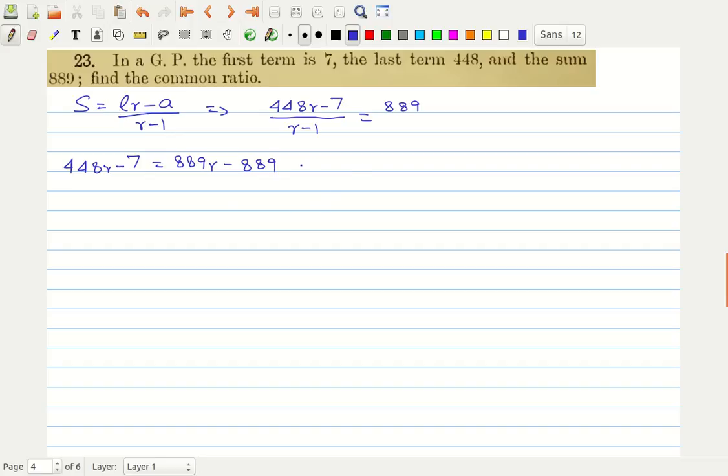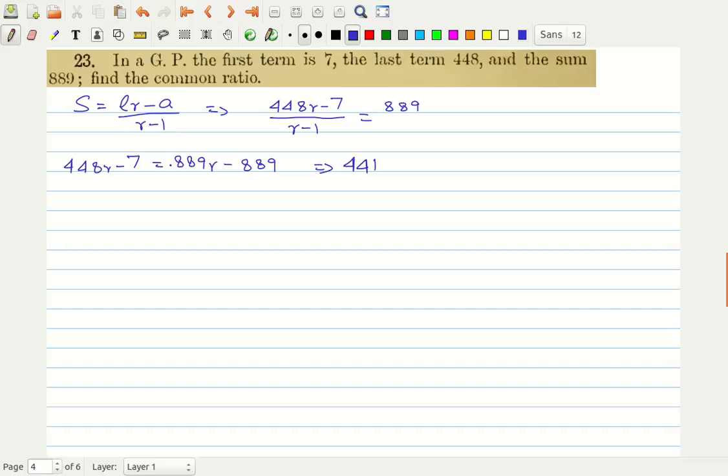Okay, so if I bring this over, 9 minus 8 is 1, and 8 minus 4 is 4, 441, right?